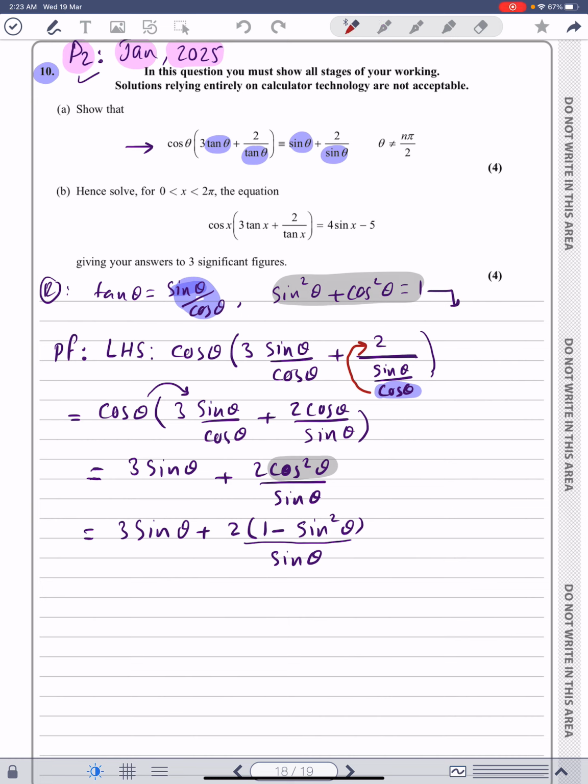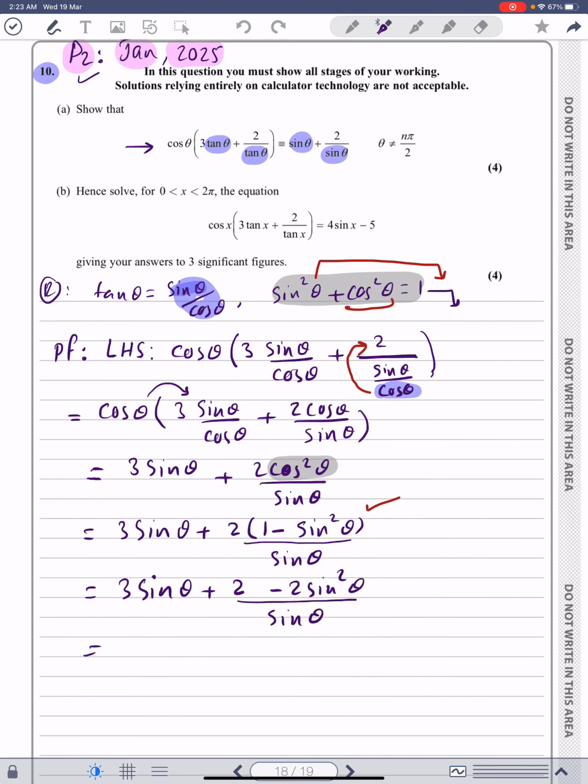Since sine squared plus cosine squared is 1, make cosine squared theta the subject. This will go there as 1 minus sine squared. Continue simplifying: 3 sine theta plus 2 minus 2 sine squared theta over sine theta.